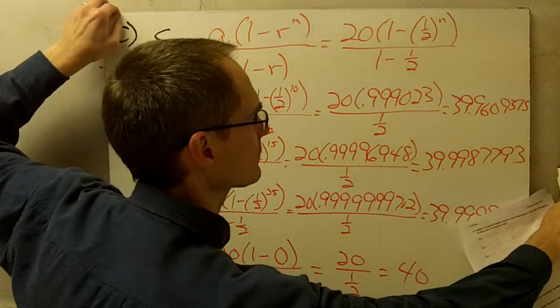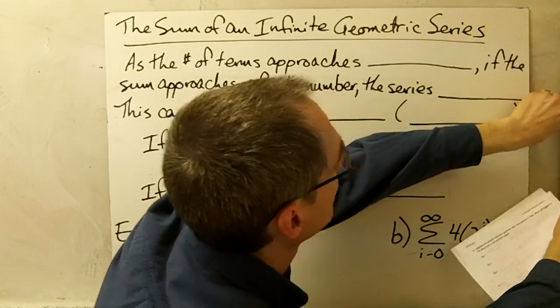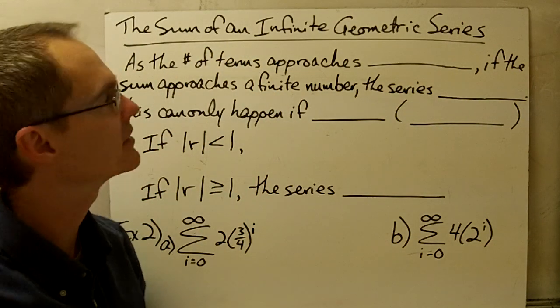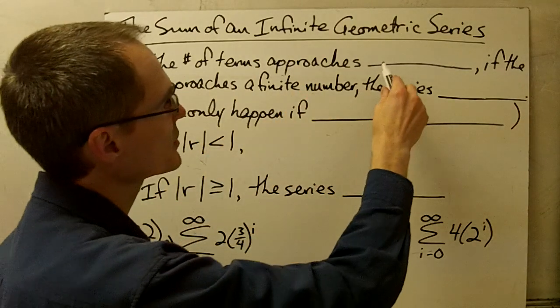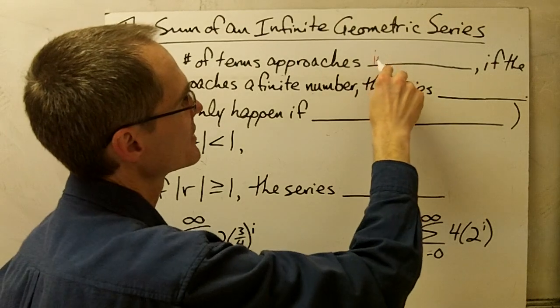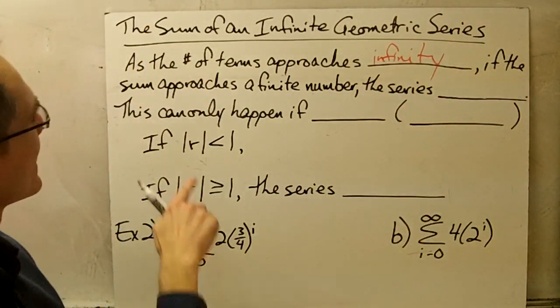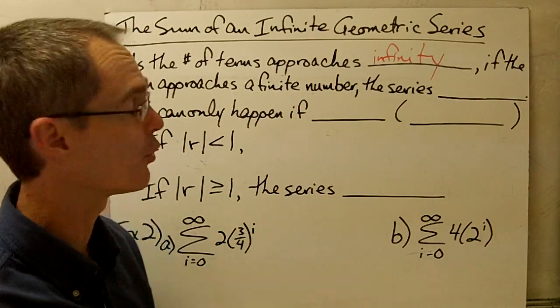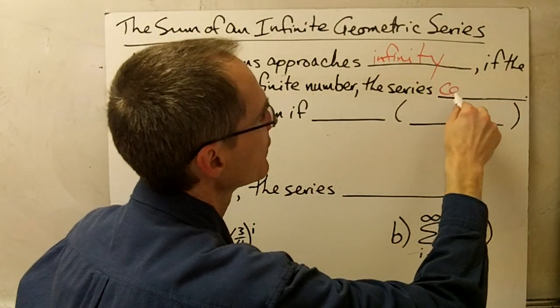Well, what we have here is something called the sum of an infinite geometric series. And as we've seen, as the number of terms in the series approaches infinity, if the sum approaches a finite number, in this case our sum approached 40, we say the series converges.